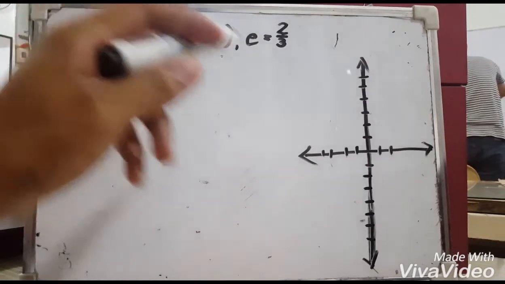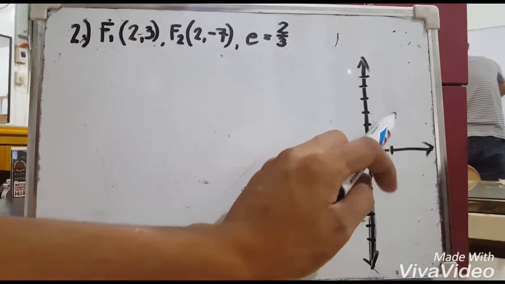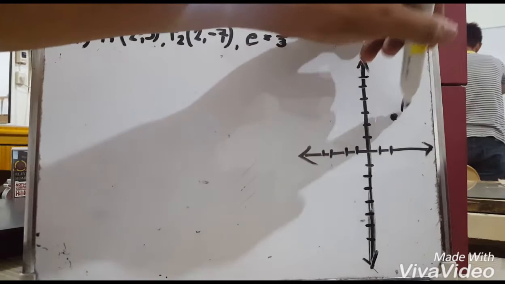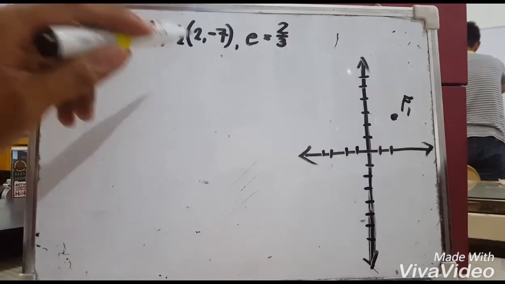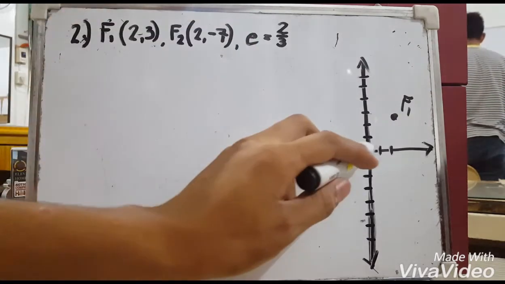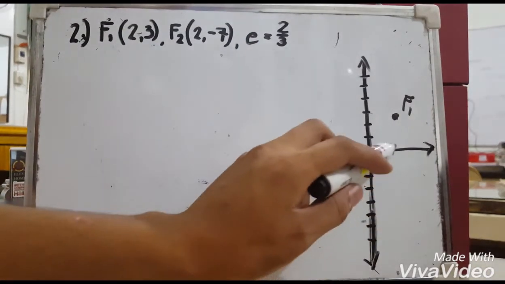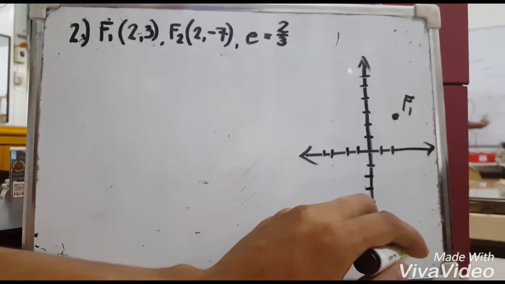So we have here (2, 3). So 2 is here, and then 1, 2, 3. So this point will be F1. Okay, and then (2, negative 7). So we have 2 here, 1, 2, 3, 4, 5, 6, 7. So this one is F2.